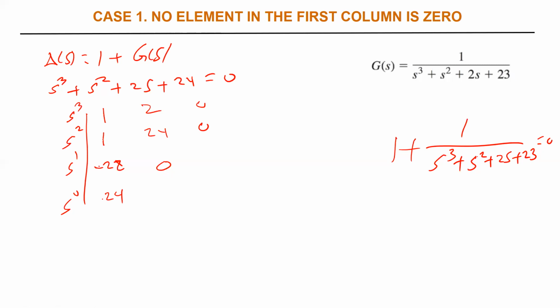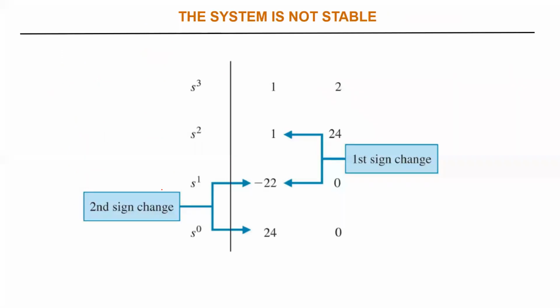This is 0. Multiply those and divide. Minus 22. And the next one on the right is 0 also. Third column. So this is basically what we have. How many sign changes do I have? I have 2 sign changes, which means that I have 2 roots of the system in the right half plane, which means my system is unstable.